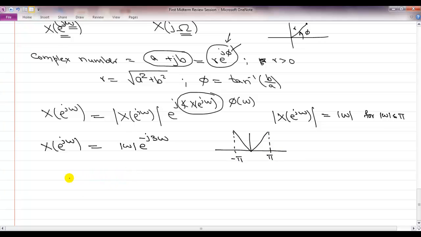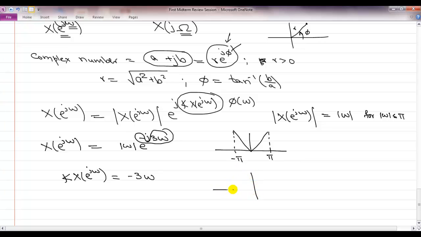And the phase plot: when we say draw the phase plot, that is just asking to plot the e to the j, whatever is the phi expression. So what is that phi expression? It is minus 3 omega. So the phase of X of e to the j omega is minus 3 omega.